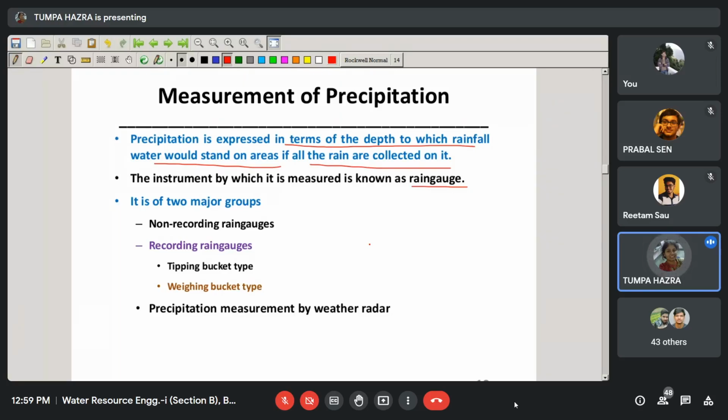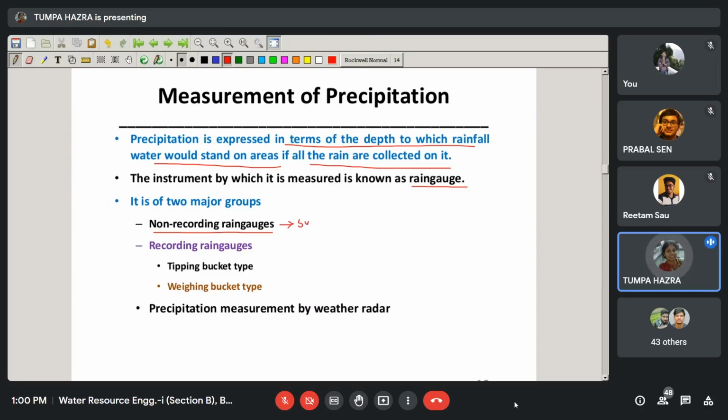Now in India, there are two types of rain gauges which are commonly used. One is non-recording rain gauge. That means here you have to collect the rainfall data manually for a specified time interval, and manually you have to collect the data, and you have to plot the rainfall accumulation versus time curve.